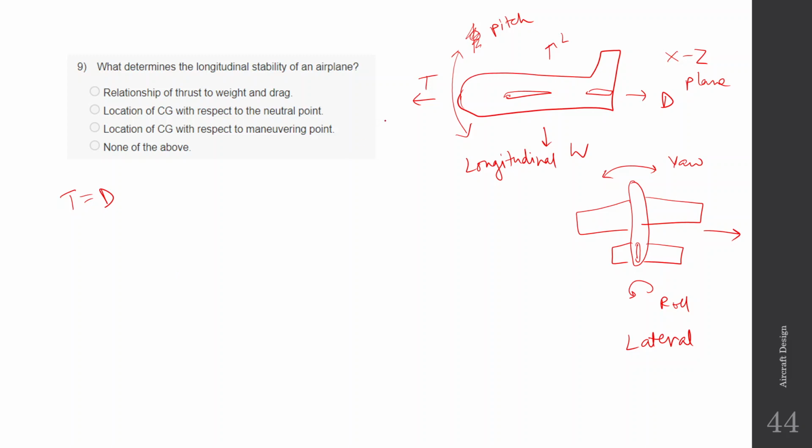But there is no other way to make the aircraft stable based on thrust and drag. Thrust and weight are also related with this formula for cruise condition, but there is no real way to connect these components to stability.